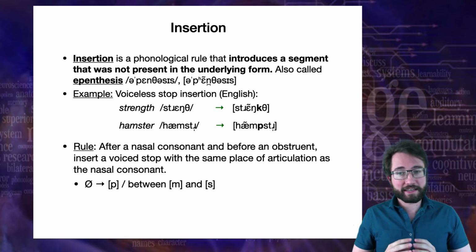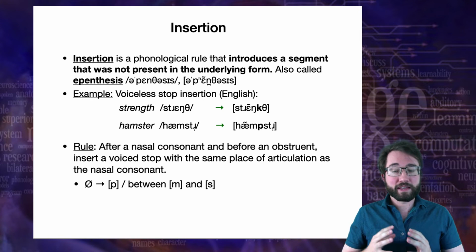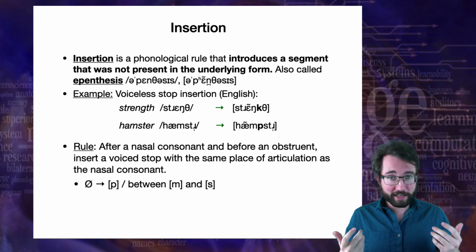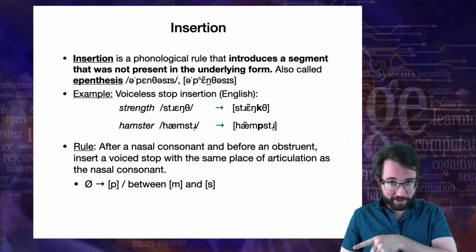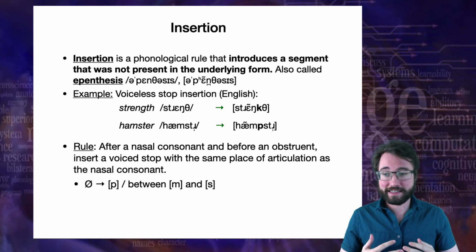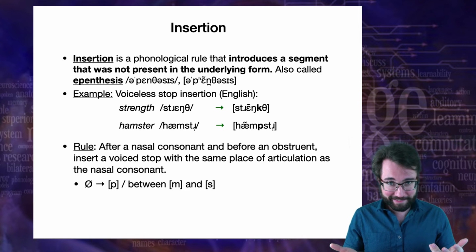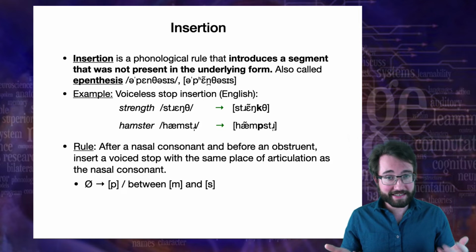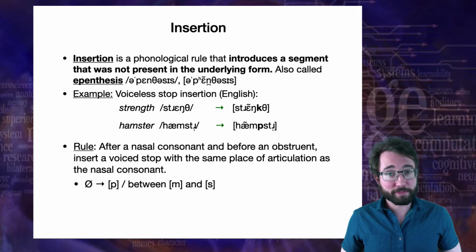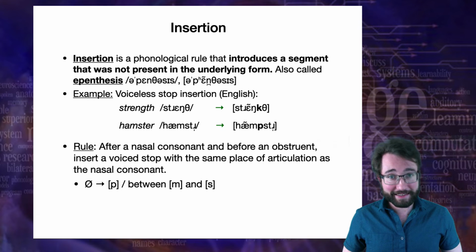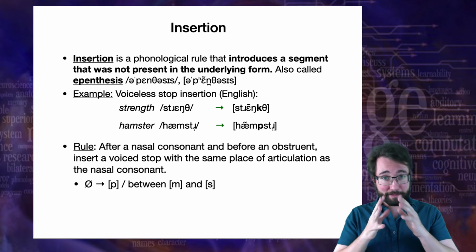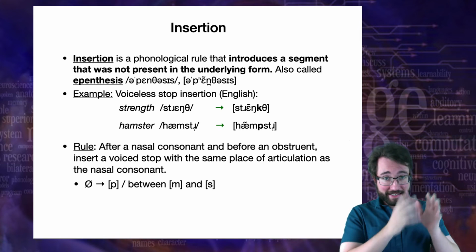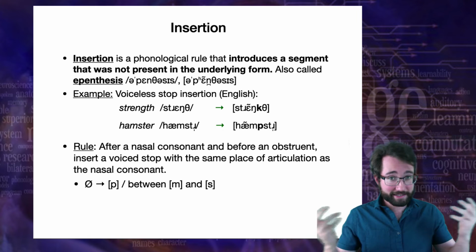What's going on here is we're saying that the empty phoneme, the lack of a phoneme, indicated with this empty set symbol here. So basically this says the phoneme nothing is realized as the sound P when it appears between M and S. So in order to write an insertion rule, what you write is the empty set is expressed as the sound, whatever, in the context, whatever.